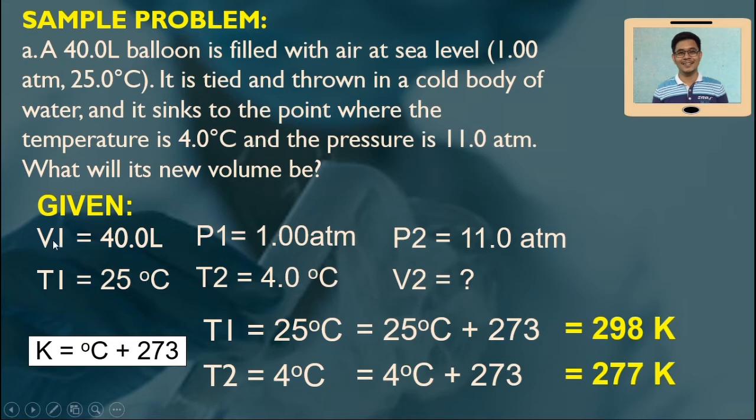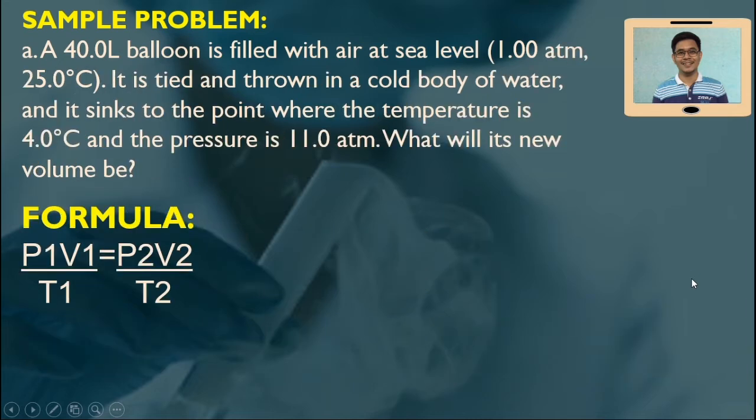So just take note of the following given values because we're going to use these in our solution. Moving forward, let's have the next step, which is our formula. Take note of this original formula, from which we're going to find the formula for our final volume, which is V2.